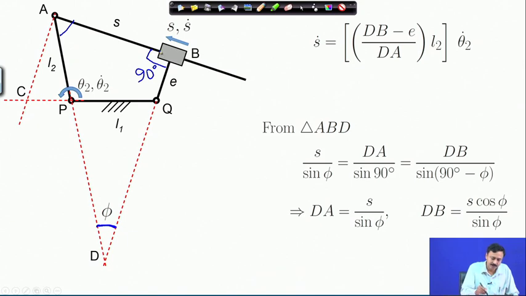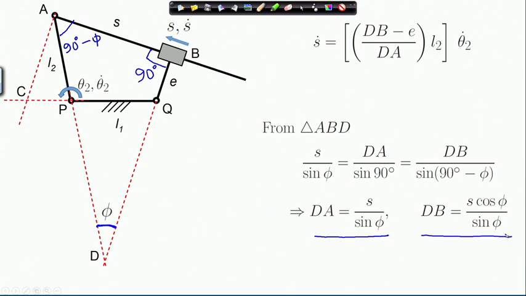So, if this is phi, this is 90, so this must be 90 minus phi. So, that implies dA is equal to S divided by sine phi and dB is S cosine phi divided by sine phi.